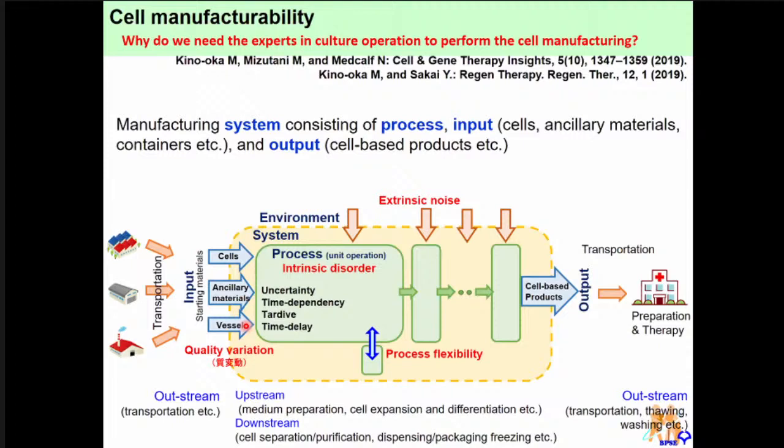And also we have to consider not only system, but also the environment out of the system. From the environment, we got a noise here, extrinsic noise, such as a temperature, such as cleanness, or dust, or something like this. If we get the noise, we will get the fluctuation of the product of output.